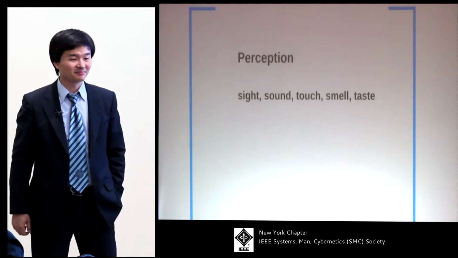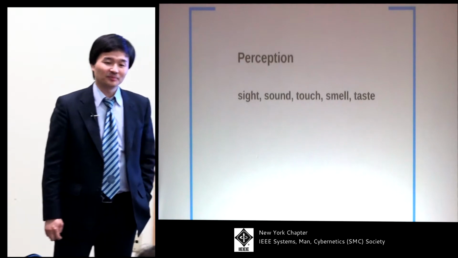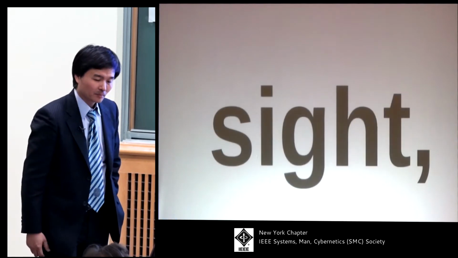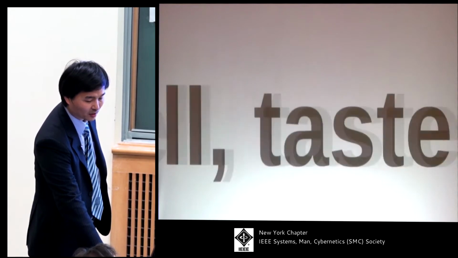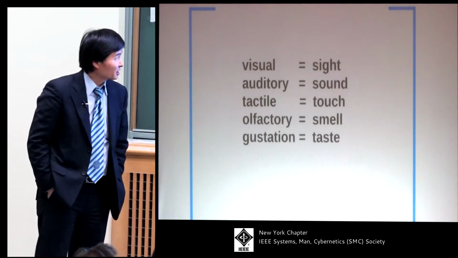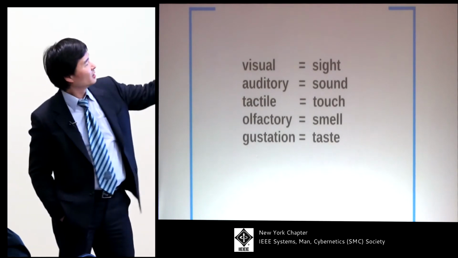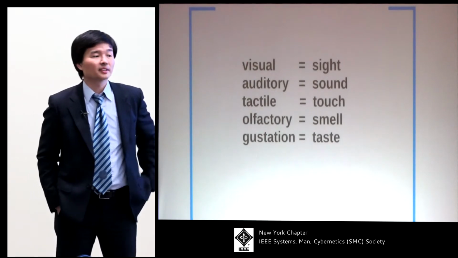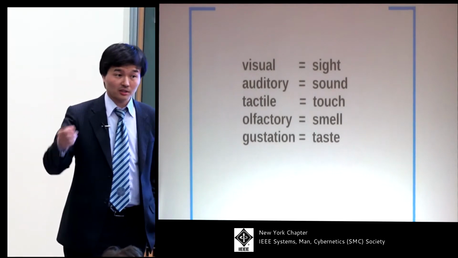These are the basics: sight, sound, touch, smell, and taste. More technically, sight is visual, sound is auditory, touch is tactile, smell is olfactory, and taste is gustation. At any point, if you have any questions, just ask.